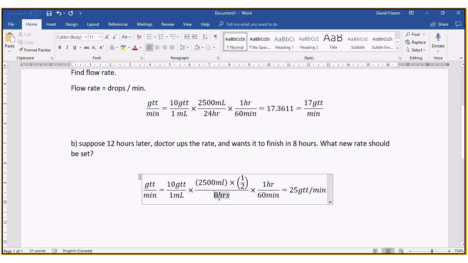And there are different ways to reword this, so just be careful of the wording. Rather than finish in 8 hours, he might say finish, let's say, 4 hours early. What would that look like?